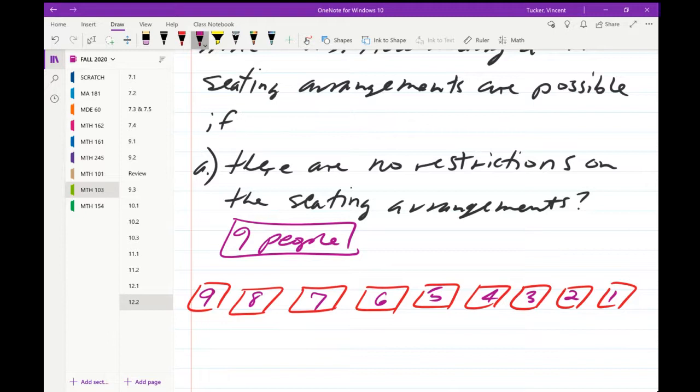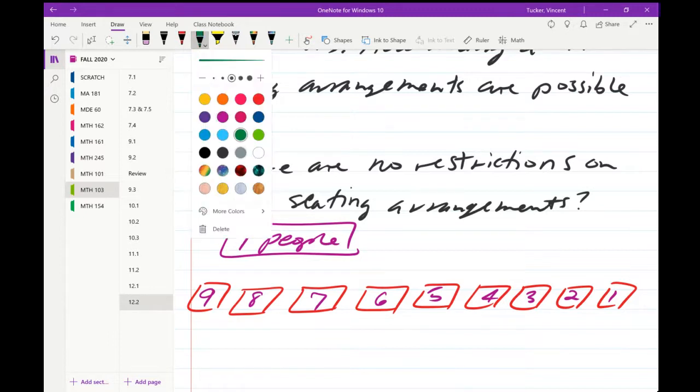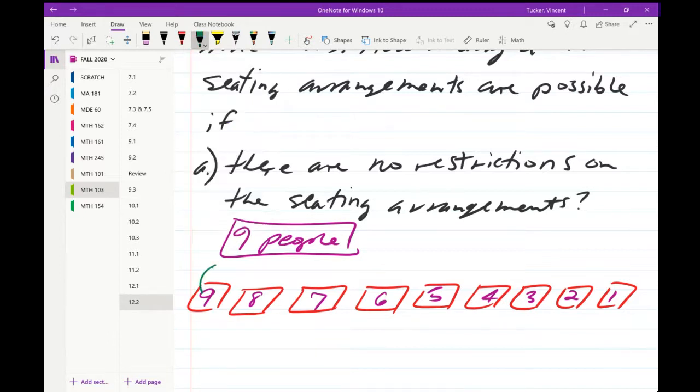So what goes in the box for each seat is the number of options to choose.